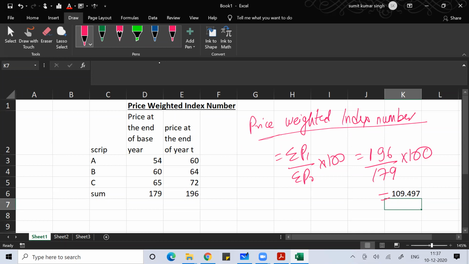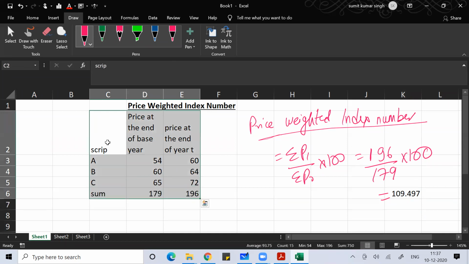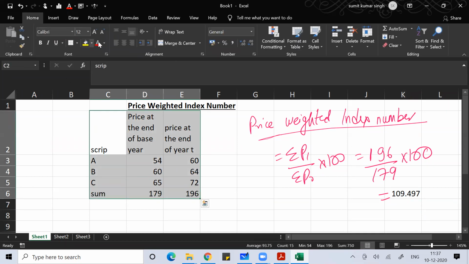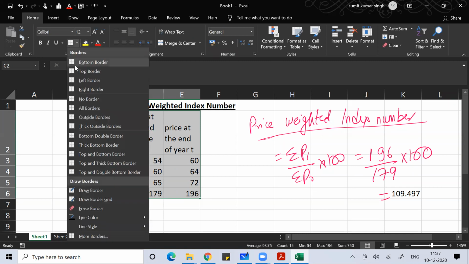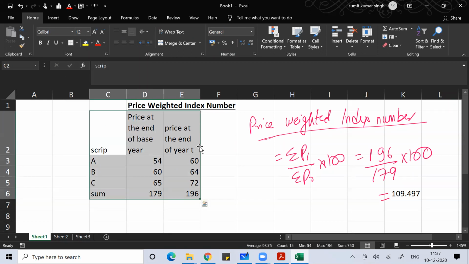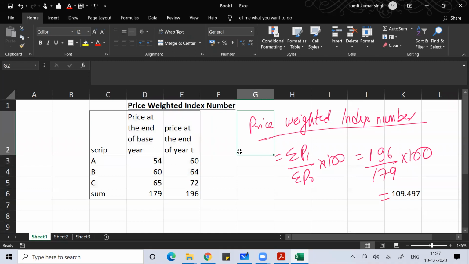This is a price weighted index number. Anyone, any doubt? So indexes like Dow Jones, Nikkei 225 follow the price weighted index number.